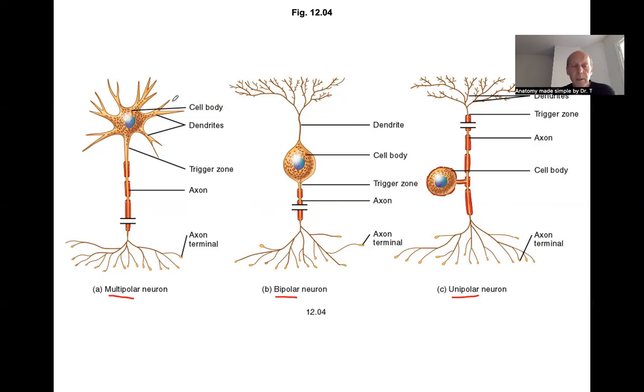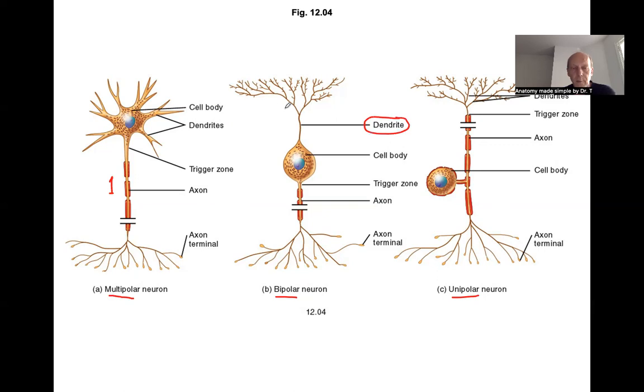Multipolar refers to multiple dendrites and, of course, always a single axon. A neuron cannot have more than one axon. So then why is this called bipolar? Well, you can see here, there is just one dendrite.